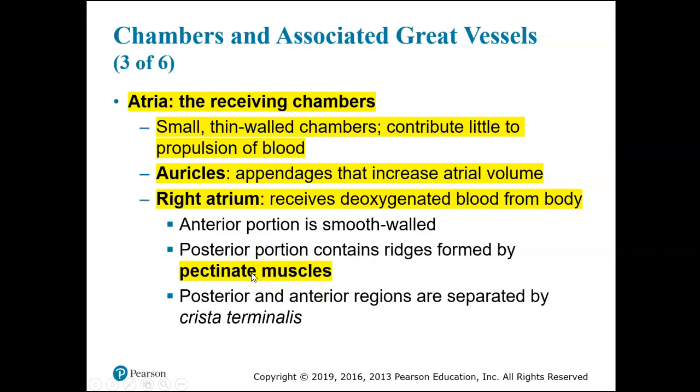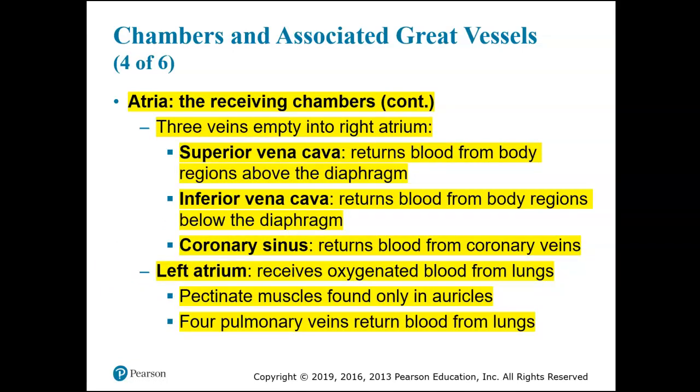The posterior portion of the right atrium is lined by pectinate muscles. There are 3 veins that empty into the right atrium: the inferior and superior vena cava and the coronary sinus. And then the left atrium has its own pectinate muscles, and it receives oxygen-rich blood from the lungs.